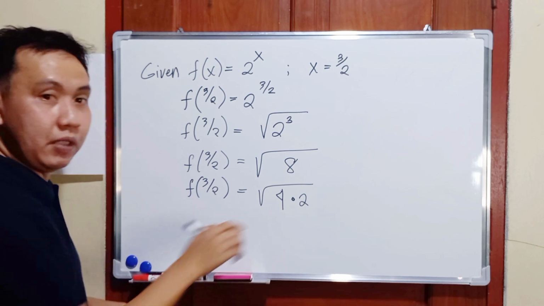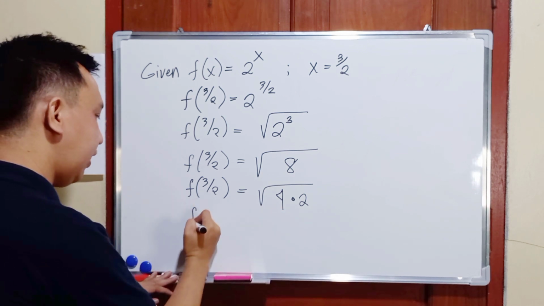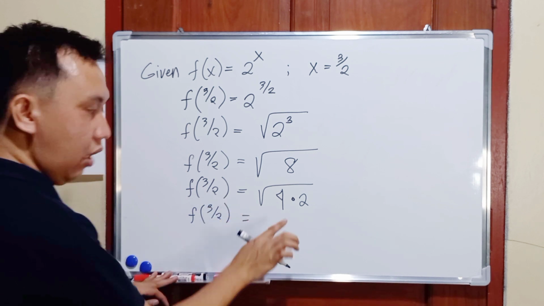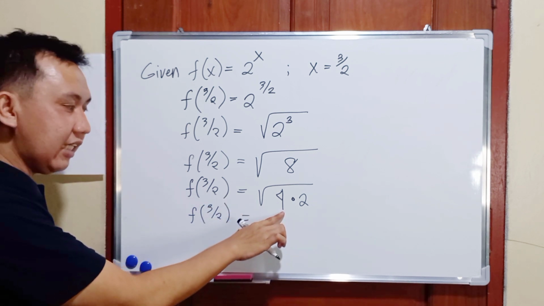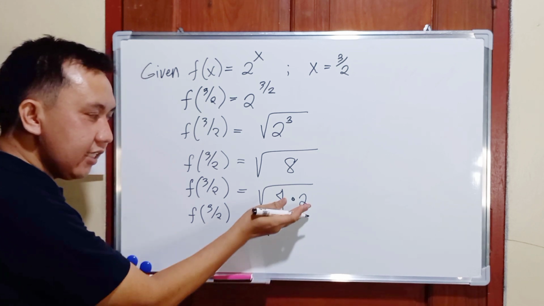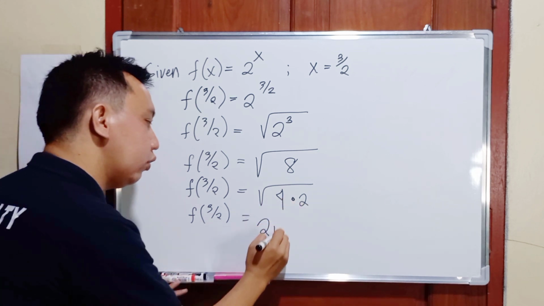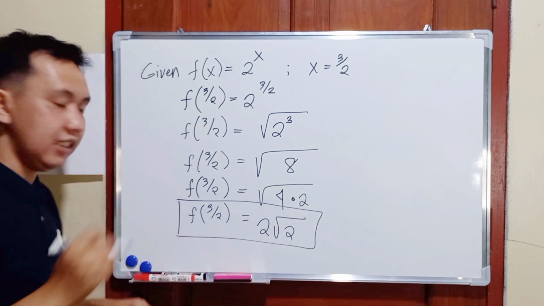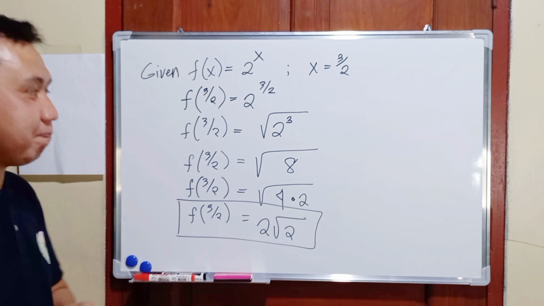And 4 is a perfect square. So, simplify, function of 3 halves is equal to, what is the square root of 4? That is 2. Ilalabas natin ang 2. So, ang matitira sa loob ay 2. Square root of 2. So, this is now the answer.